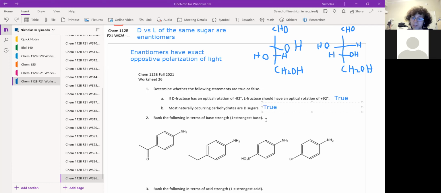There's not really any logic to this that I know of. That's just how nature does things. So you should just memorize that the most naturally occurring sugars are D. L sugars do exist, so you should be able to draw them and identify them. But if you're asked true or false like this, D sugars are more common.